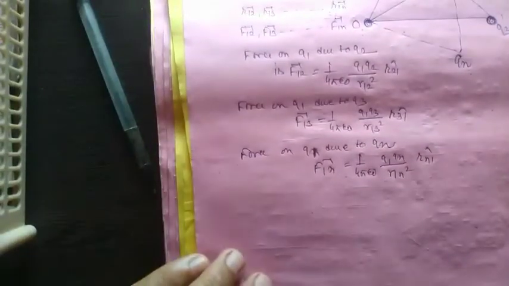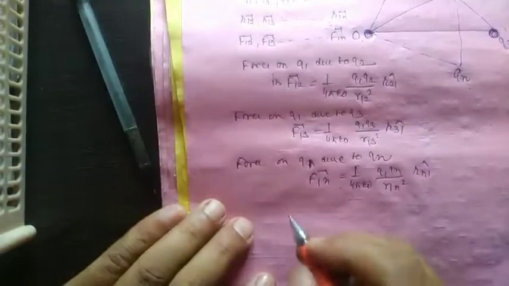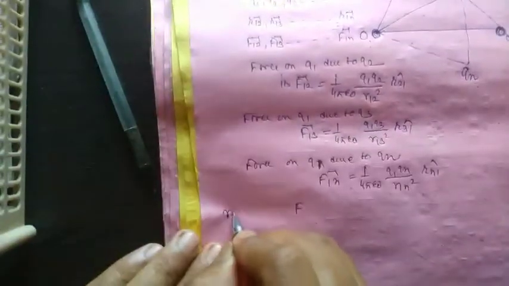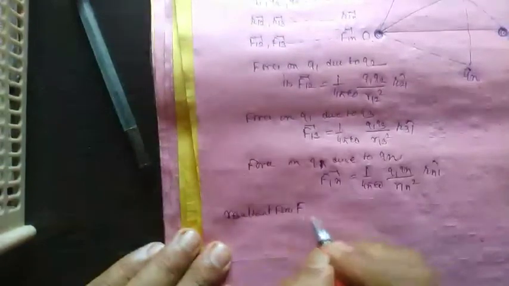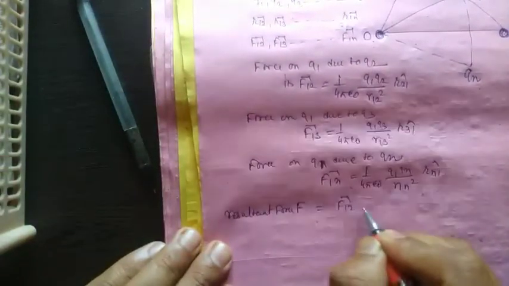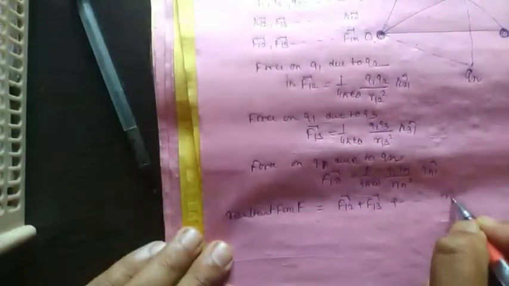unit vector. And the final, resultant force F equals F12 plus F13 plus so on to F1n.